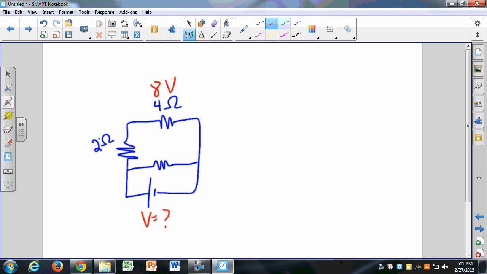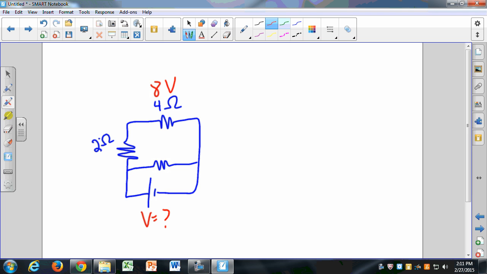All right, so what is my current in this part of the circuit? Remember, current is voltage over resistance. No, I have 8 volts across this resistor. So what's my current through this resistor right here?